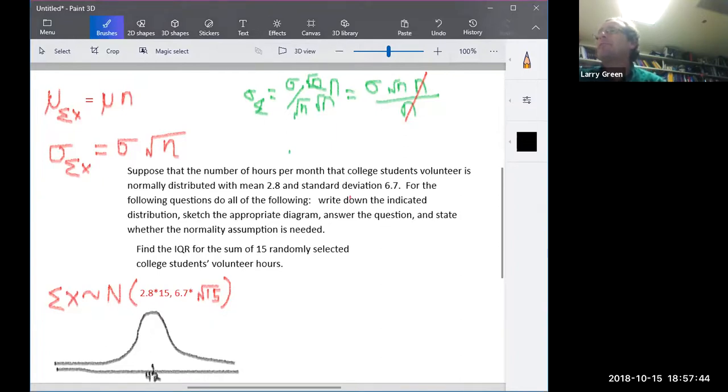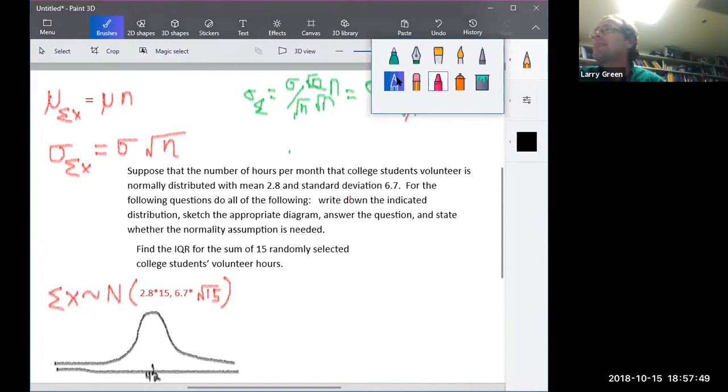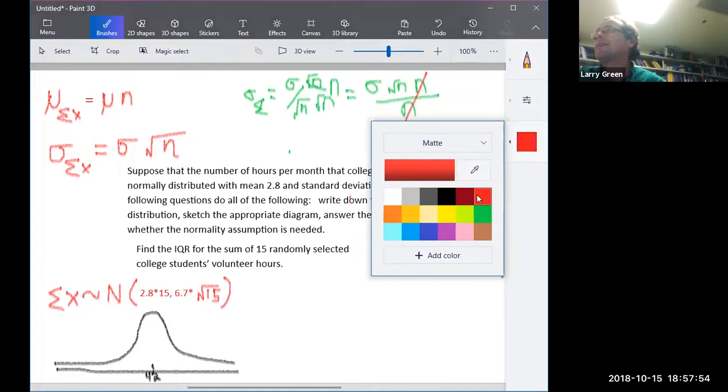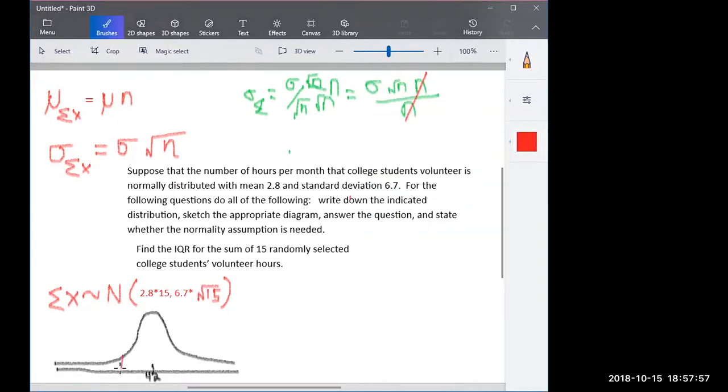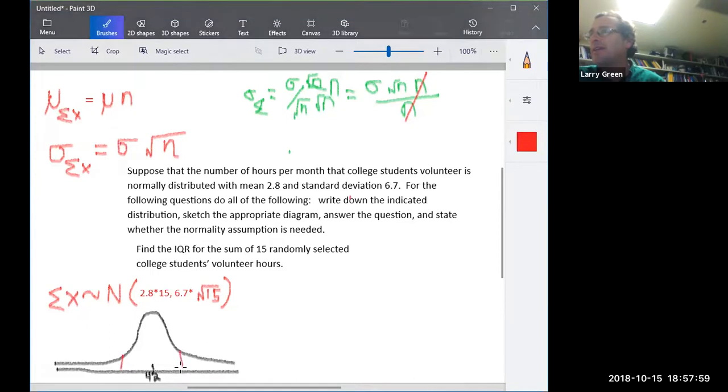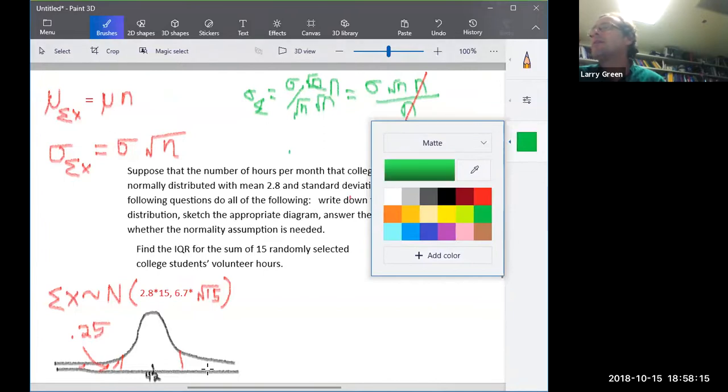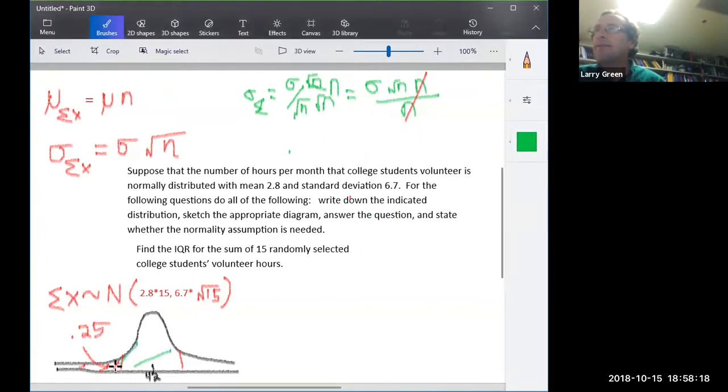Okay, we want to find out the IQR. If you remember, the IQR is between what percentile and what other percentile? Between the 25th percentile and the 75th percentile. Any questions so far? So we know that area there is 0.25, and we also know that the green area, which I'm about to draw, is 0.75.